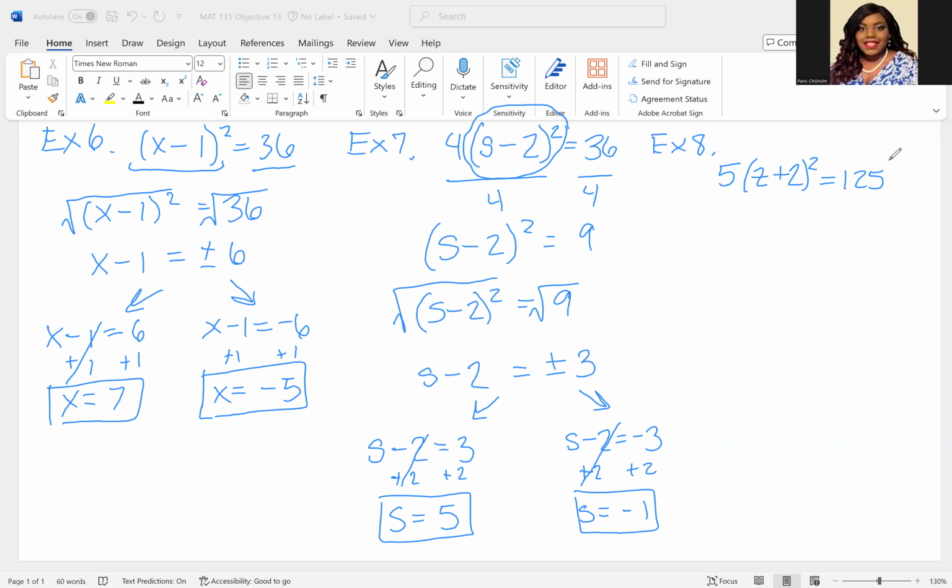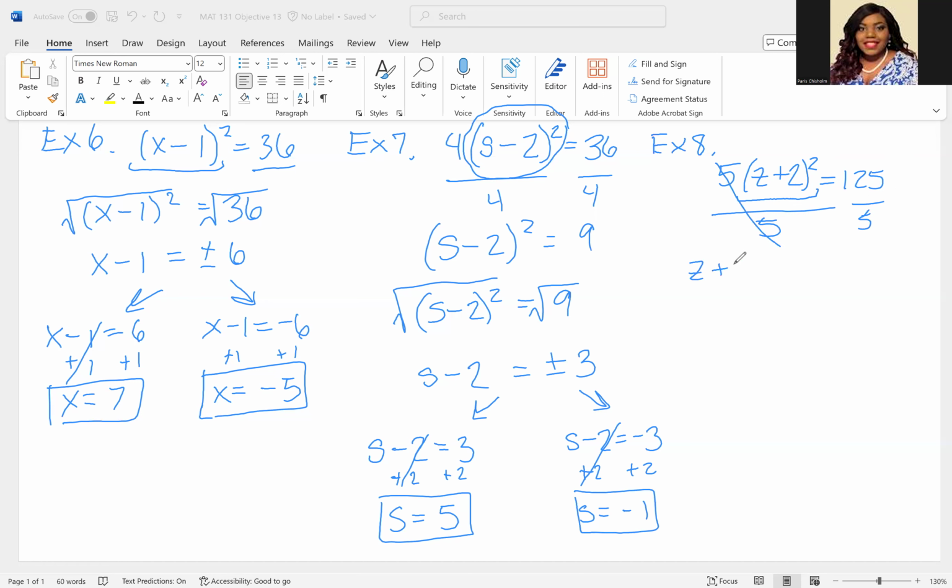All right. So for example 8, we have 5 times (z + 2)² equals 125. Again, we want this part by itself, the (z + 2)². So we're going to have to divide both sides by 5.